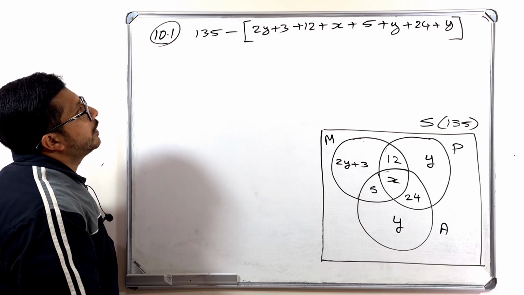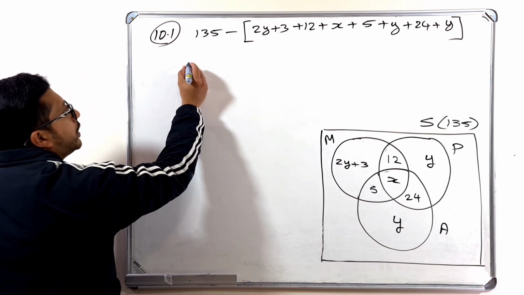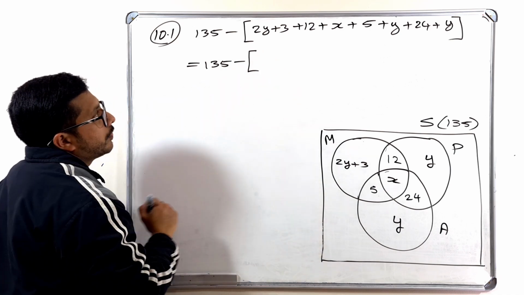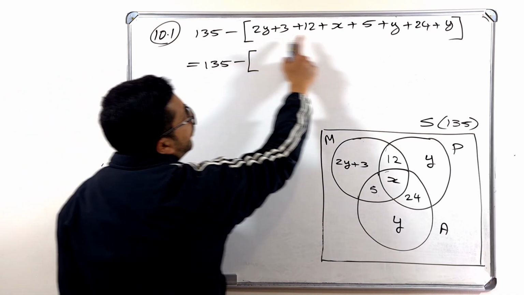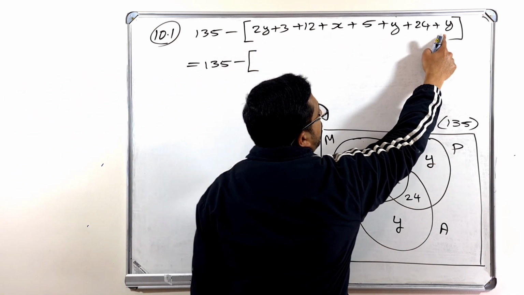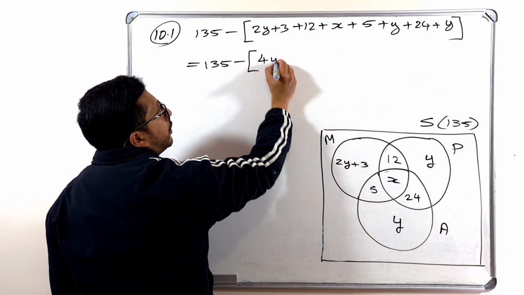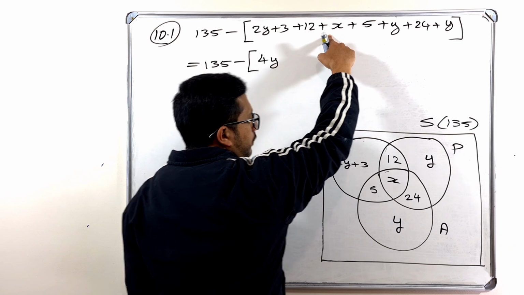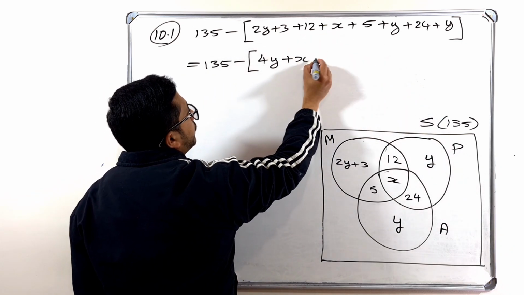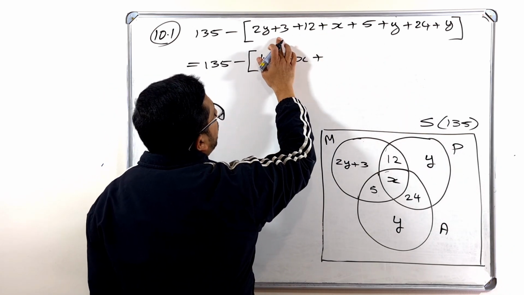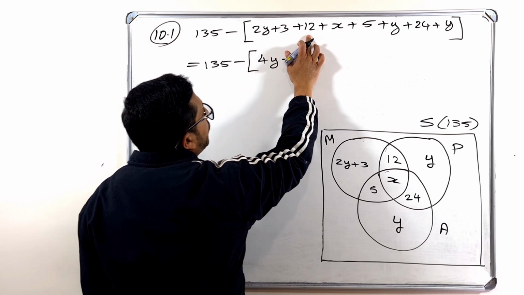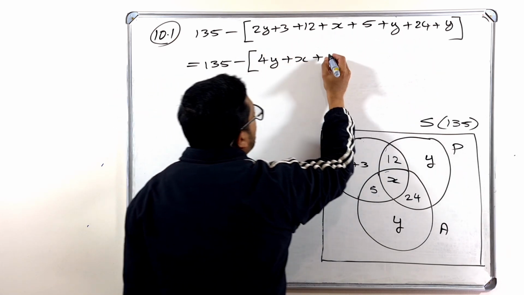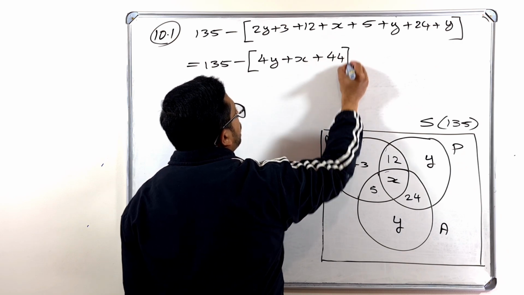Now let's write the y terms: 2y plus y is 3y, 3y plus y is 4y. X term: only one x, so plus x. Now you add all the numbers: 3 plus 12 is 15, 15 plus 5 is 20, 20 plus 24 is 44.